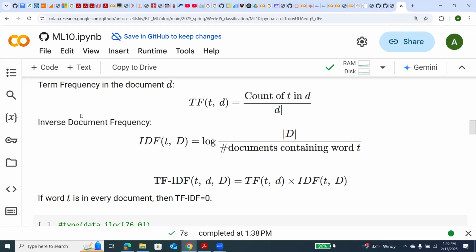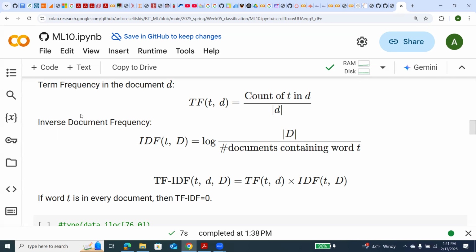So for example, if you repeat just the same word, then this will be larger. But it's normalized by the length of the document. So it's not an absolute count, just 2 for cat. It will be 2 over 5 if the length of this sentence was 5.